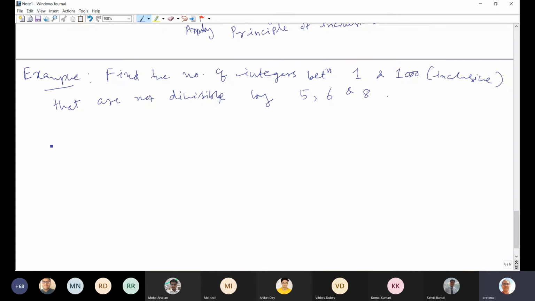Not divisible by these three numbers. So using this principle of inclusion and exclusion, you can work it out.